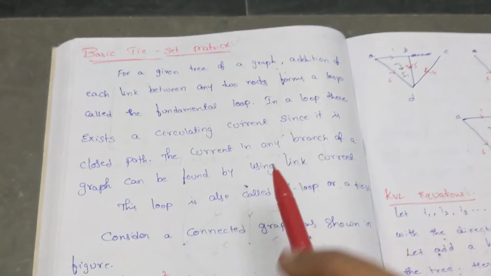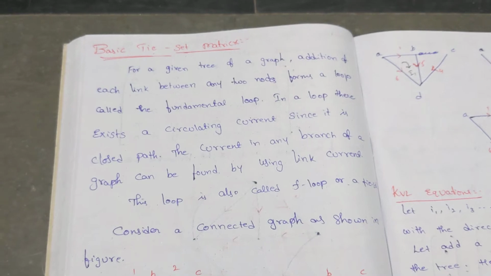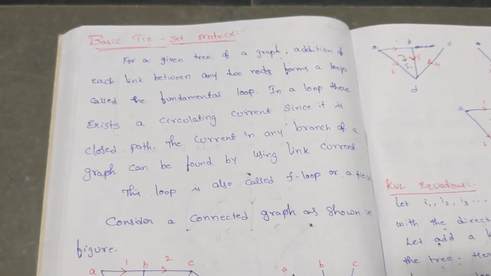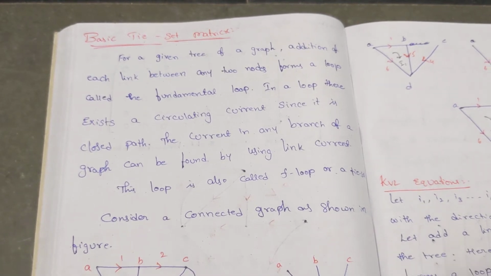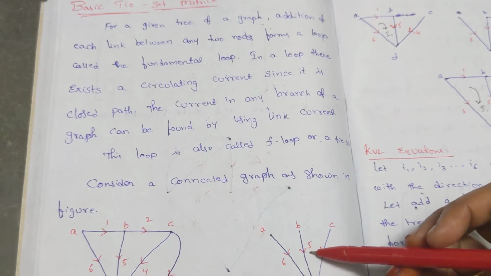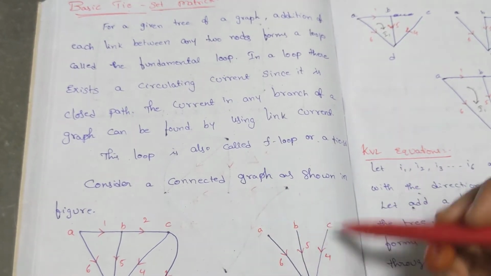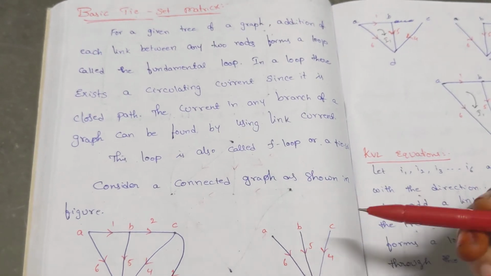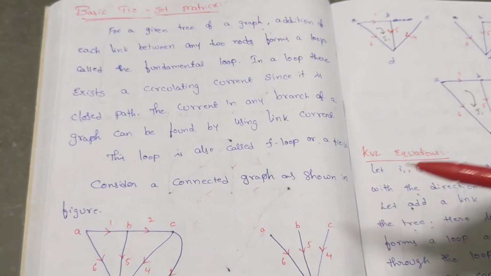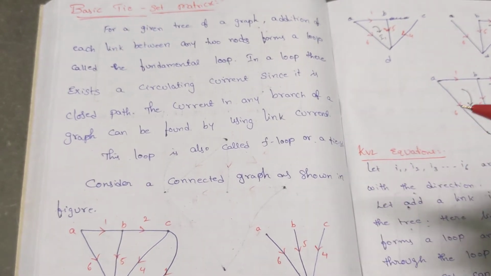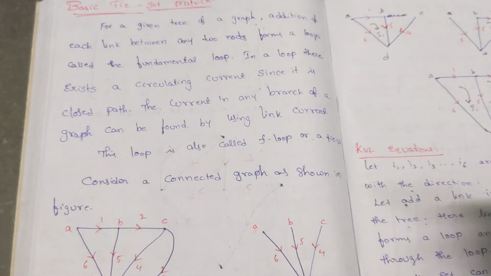Now in the tie set matrix, we are going to choose a tree from the given graph, and for this tree we are going to add the links one by one. From that we form a loop.